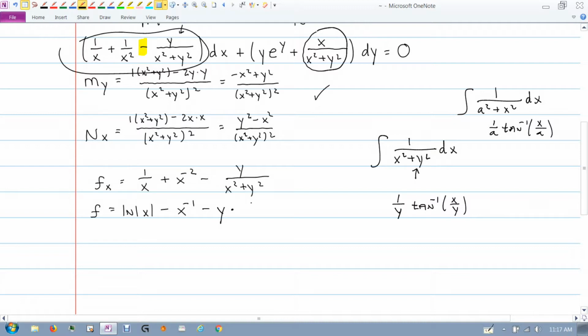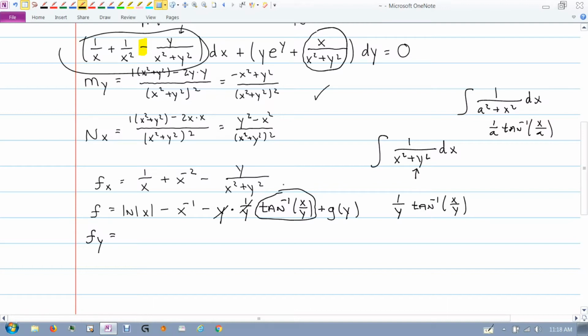Okay, so that goes right here. So we have 1 over y, and that's nice, arctangent of x over y, and then we still have plus some function of y. These y's cancel. So now we take the partial of this with respect to y, and we get 0, 0, and then, let's see, we have to take derivative arctangent of this.